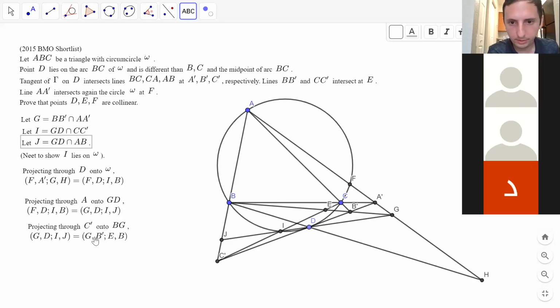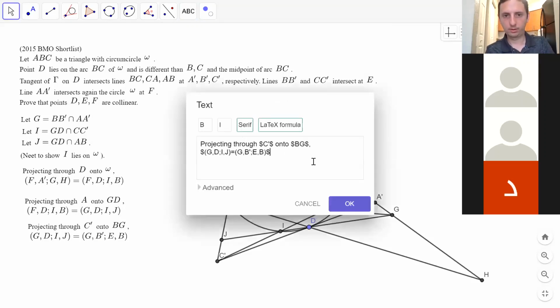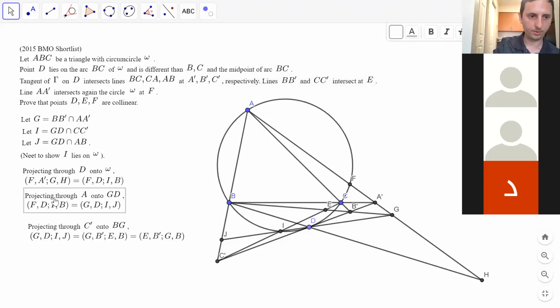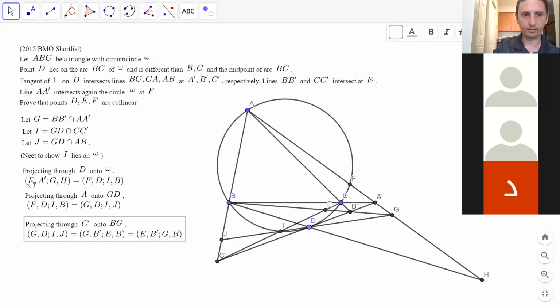This should be the same as E B prime, E B prime G B. So then by transitivity, since F A prime G H equals E B prime G B, that would mean D, E, and F are collinear.